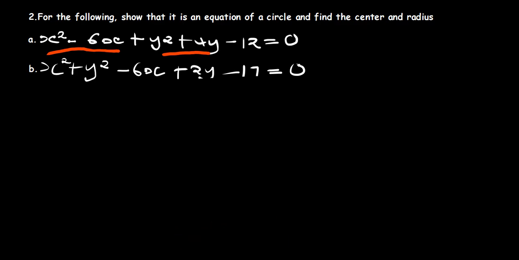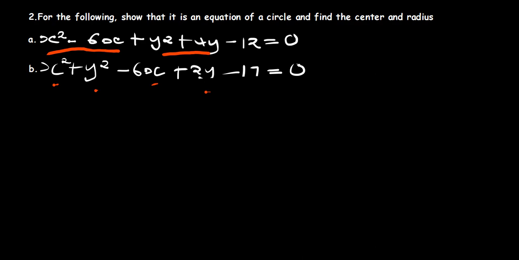So we follow the same procedure. I have x squared plus y squared minus 6x plus 2y minus 17 is equal to 0. I can tell that this is going to give me a conic section, because from the general form I have a squared there and I know how to identify that. But which one?